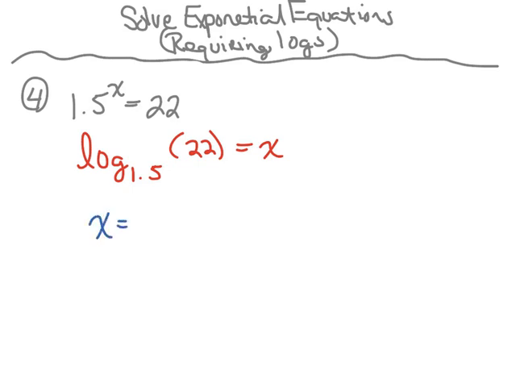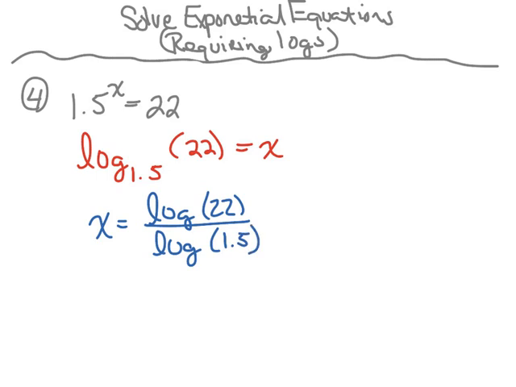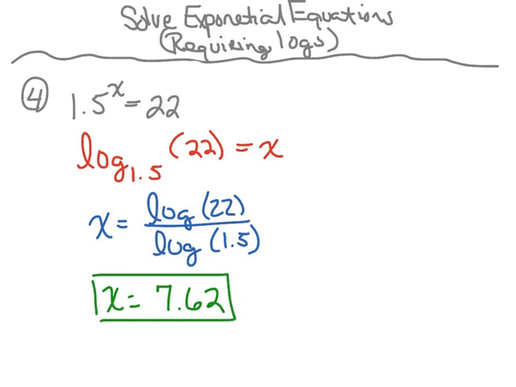So x is going to equal the log of 22 divided by the log of 1.5. So if I enter that into my calculator, the log of 22 divided by the log of 1.5, I end up with a decimal of 7.62. Therefore, my solution of this equation is 7.62.